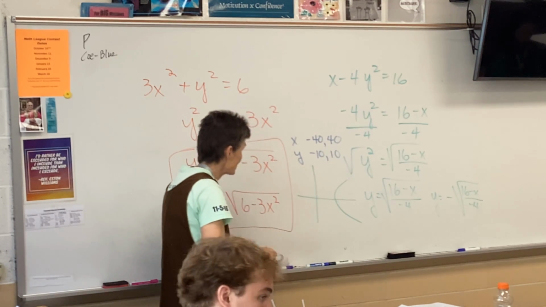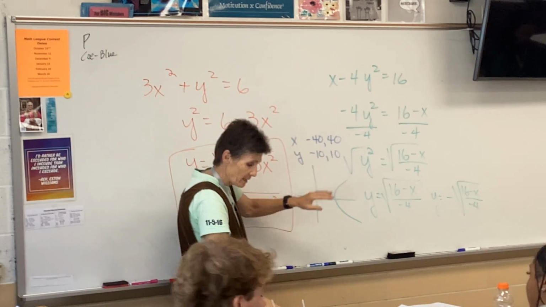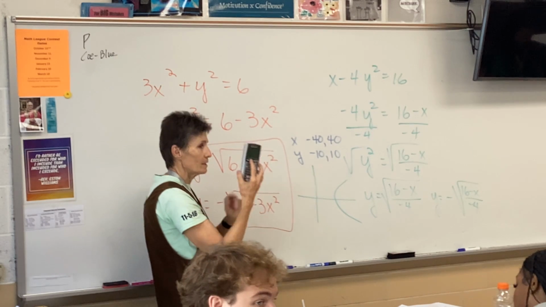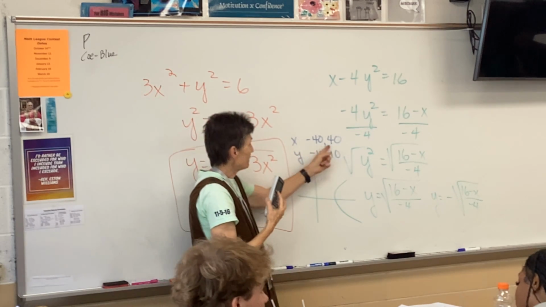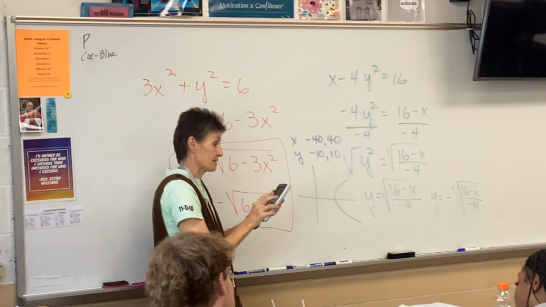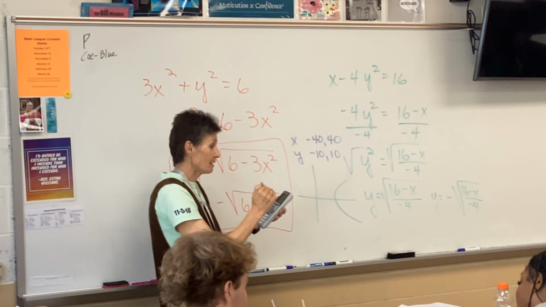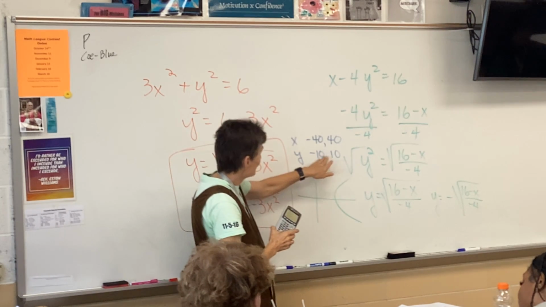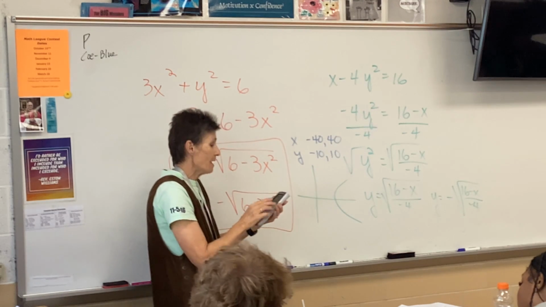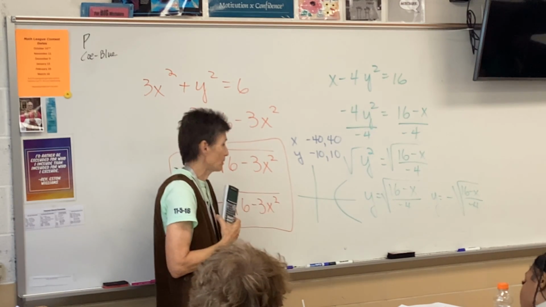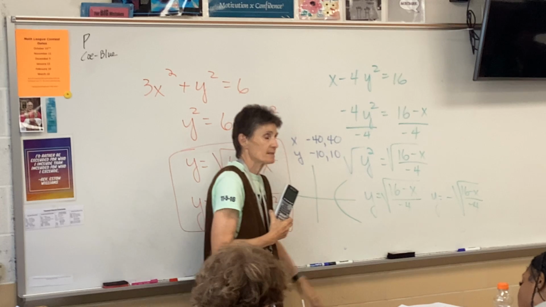So try that. Go to window. Window is right here. Negative 40 to 40 for the X min and max, and then Y min and max. And then hit graph, and you should be able to see a sideways parabola.